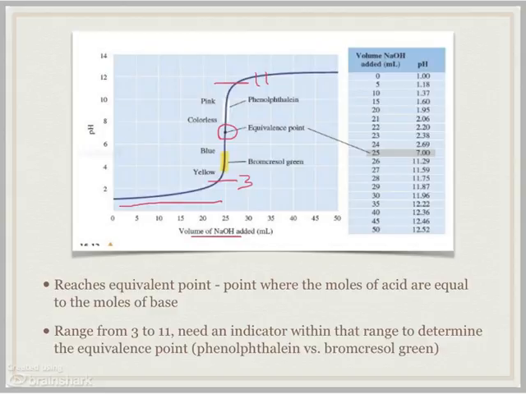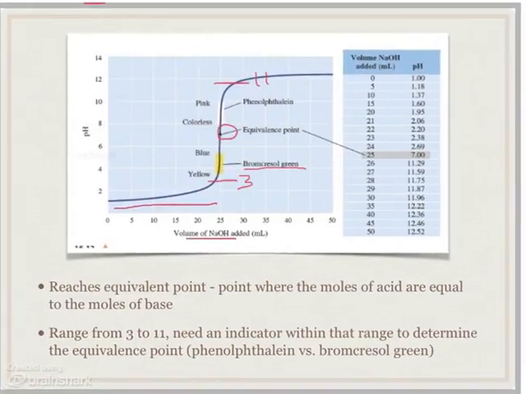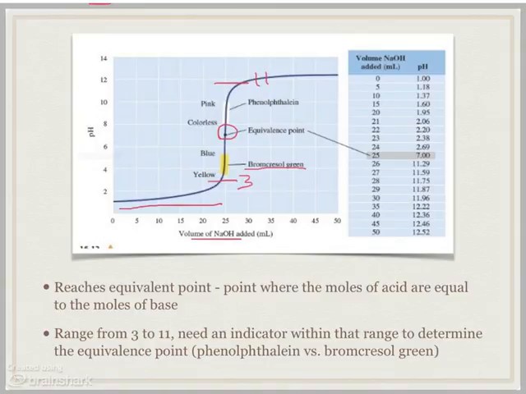If you look at something called bromcresol green, you'll see that it hasn't even reached the equivalence point yet, and it's already changing color from yellow to blue. So you don't want something like that because it's changing before you even reach your equivalence point. But if you look at something like phenolphthalein, you can see that your color change is actually happening right near where your equivalence point is.